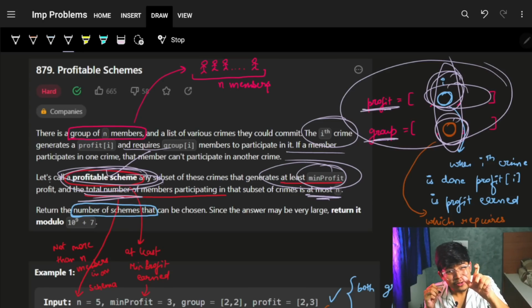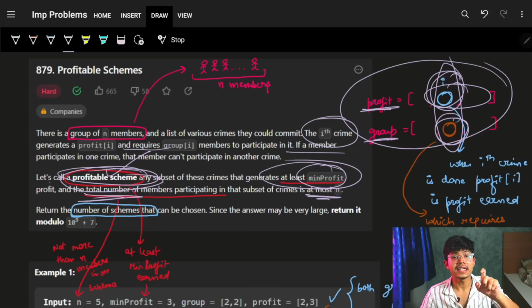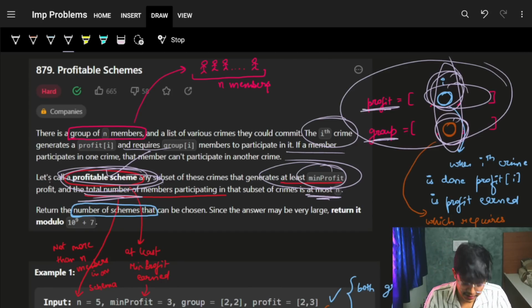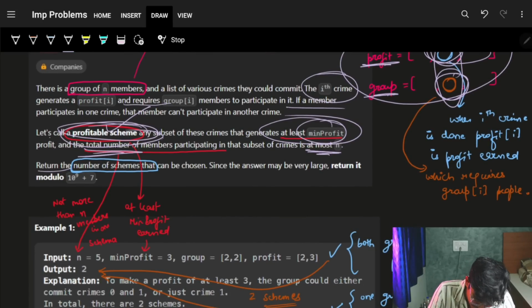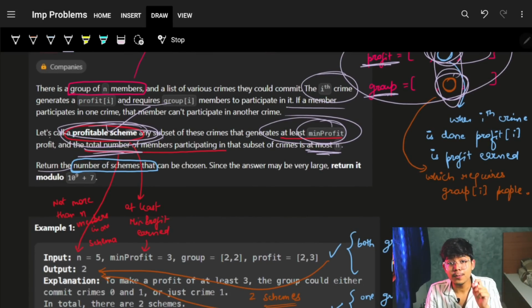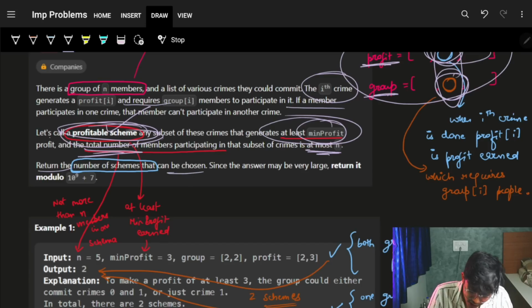So that particular subset of crimes is a profitable crime scheme. We have to find the number of such profitable schemes that can be chosen.